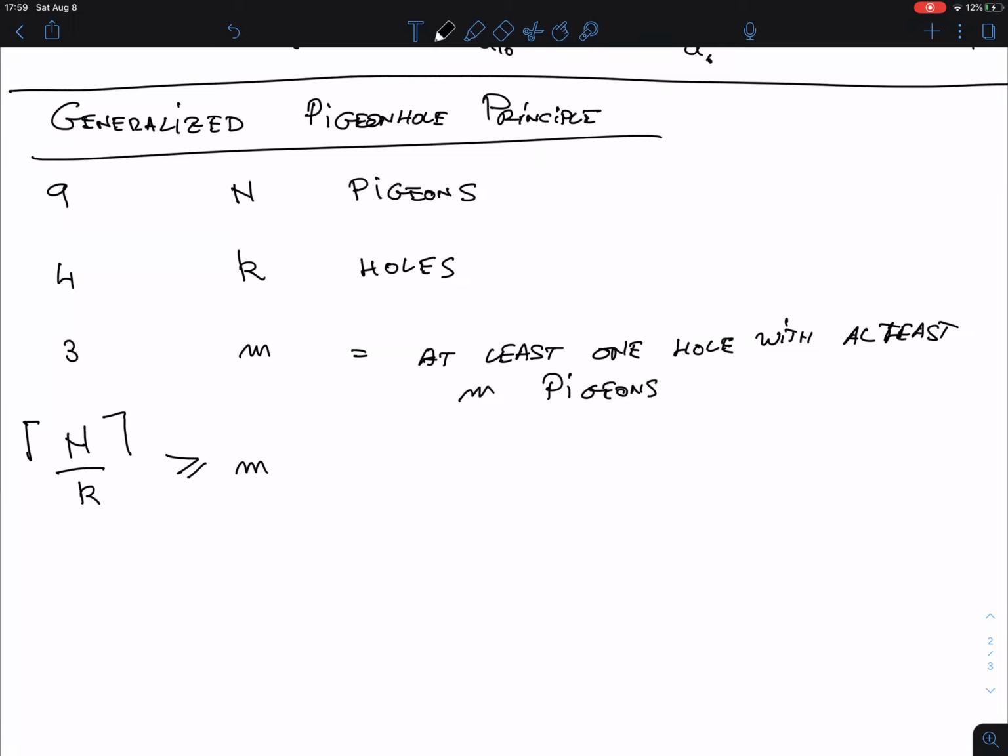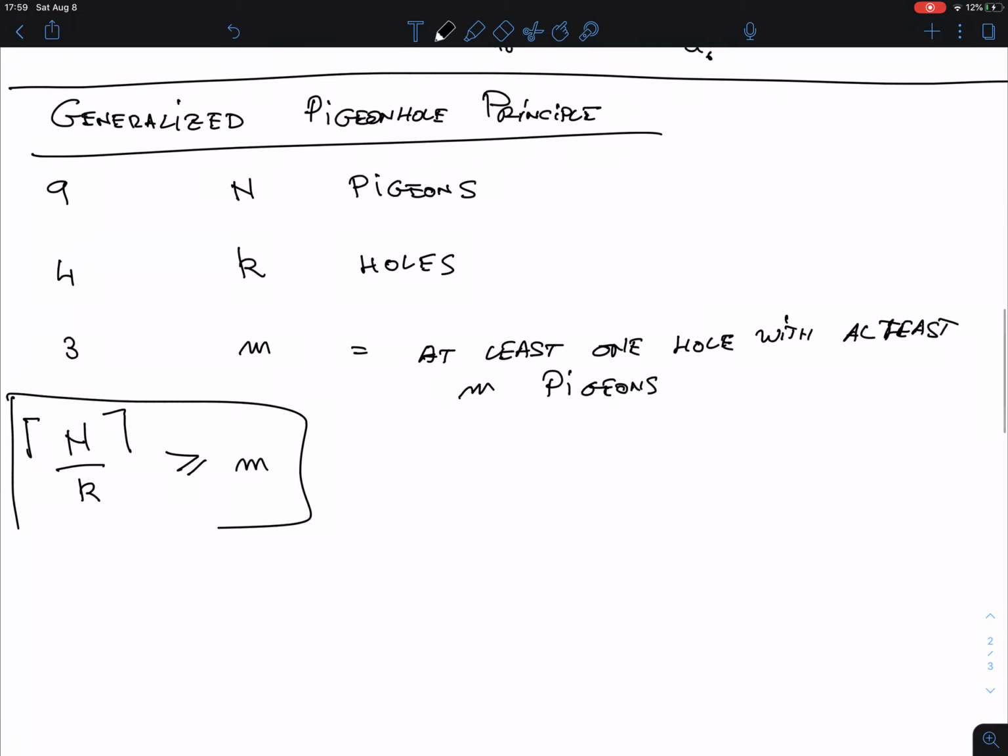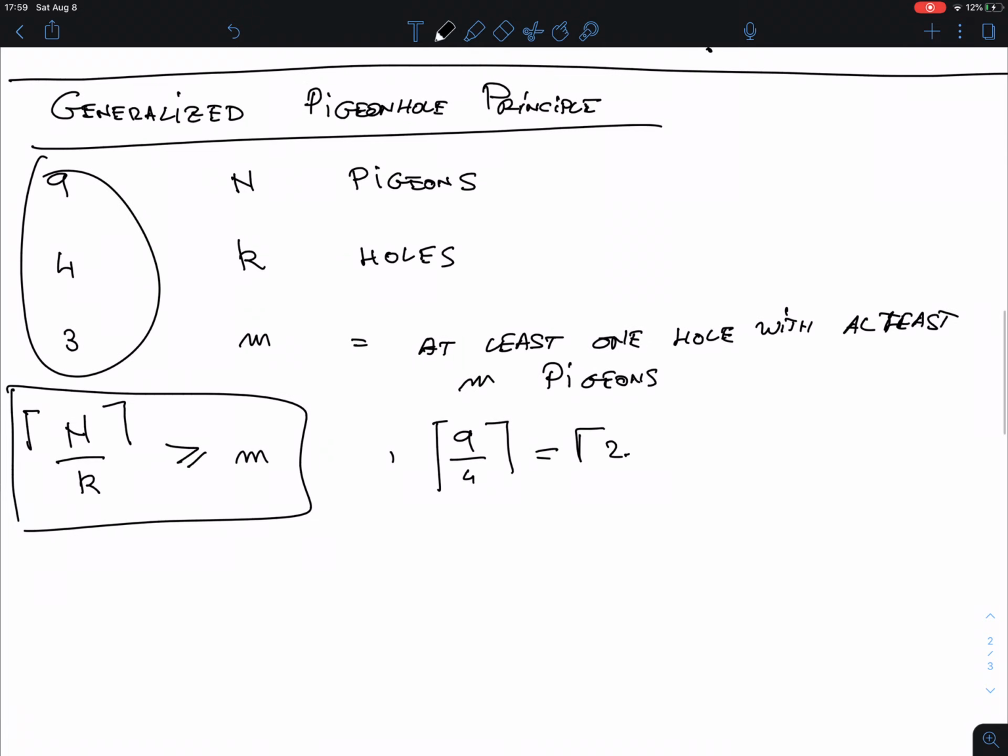So let's verify this formula in our case. 9 divided by 4, I have to take the floor of that. Now, 9 divided by 4 is 2.25. So it's the floor of 2.25, which is 3, right? Remember, I'm so sorry, I keep saying floor, and I mean ceiling.